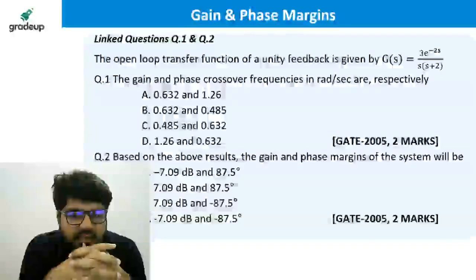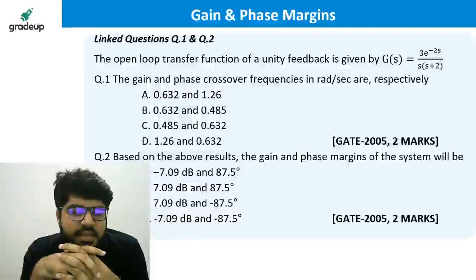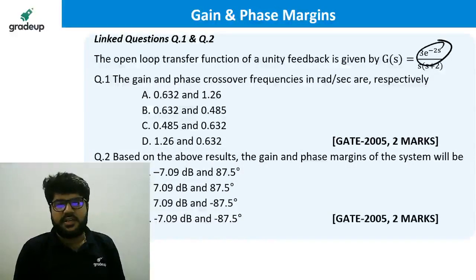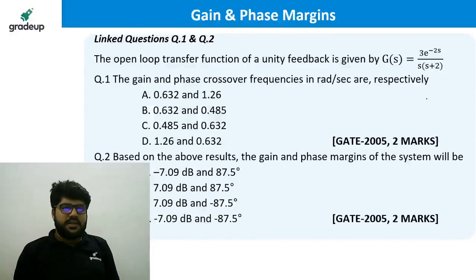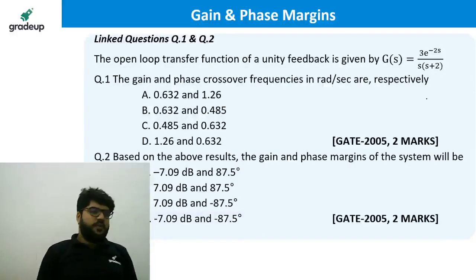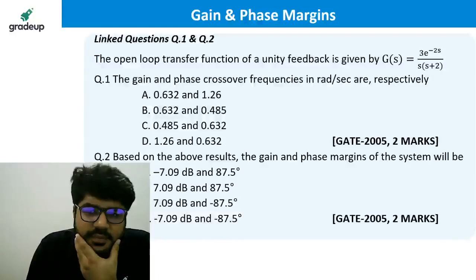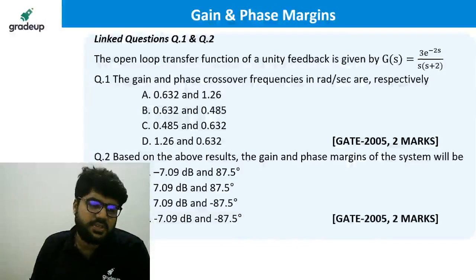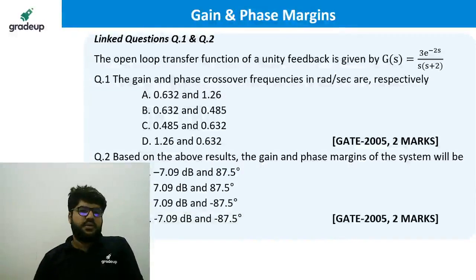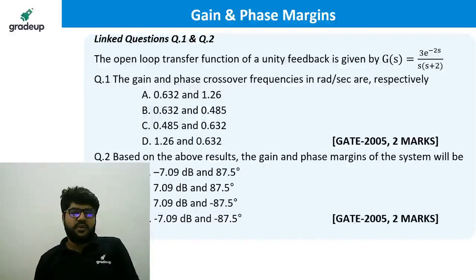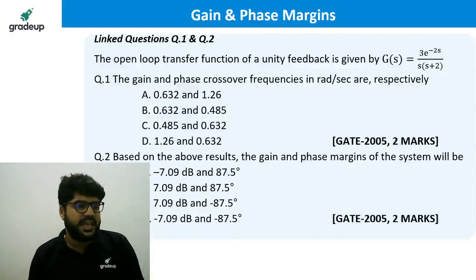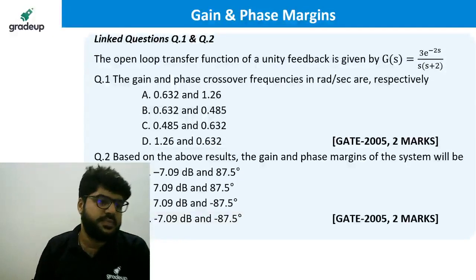Now next question, again based on the exponential function e^(-2s). The open loop transfer function of a unity feedback system is given as 3e^(-2s) divided by s(s+2). The gain and phase crossover frequencies are what? And then based on the above results, the gain and phase margins of the system have to be decided.